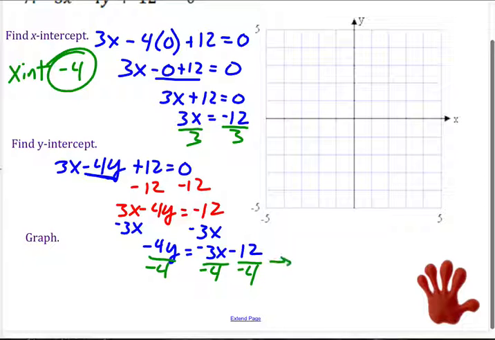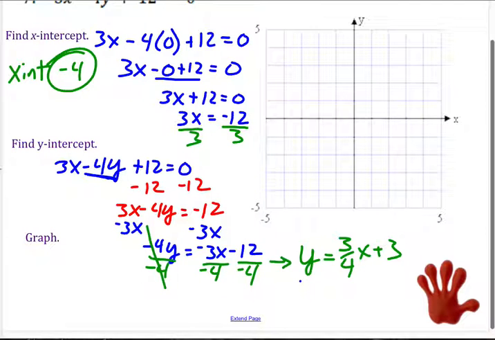So my final answer, the negative 4's cancel out, y equals, negative 3 divided by negative 4, that's a positive, and it's just going to be a fraction, 3/4, and you can put the x to the side. 3/4 x. Negative 12 divided by negative 4 is positive 3.